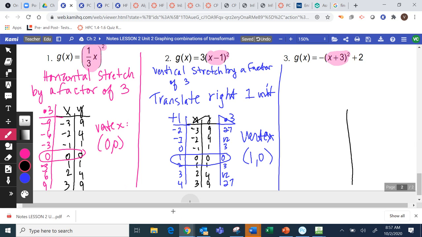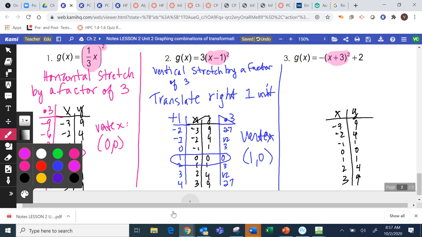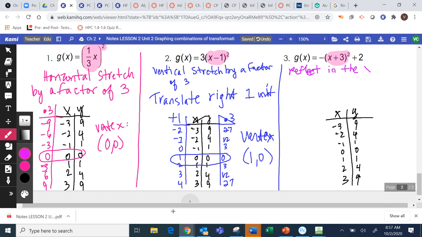Okay, and the last one, the negative sign on the outside is a reflect in the x-axis, the +3 is translate 3 units left and 2 units up.